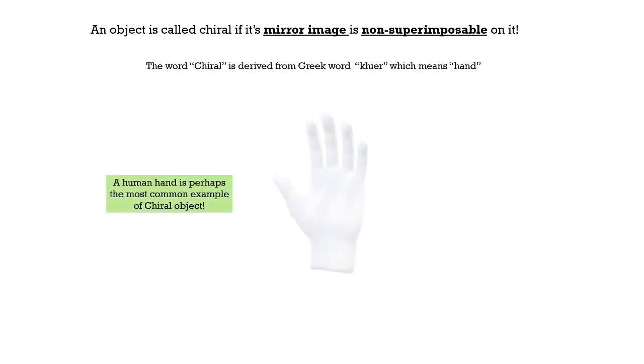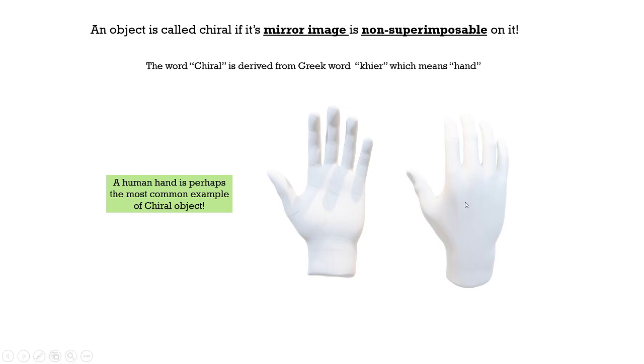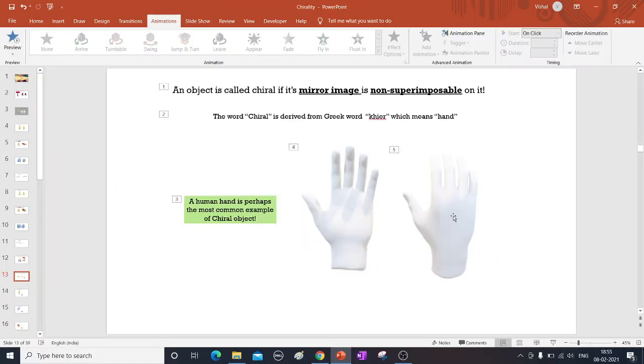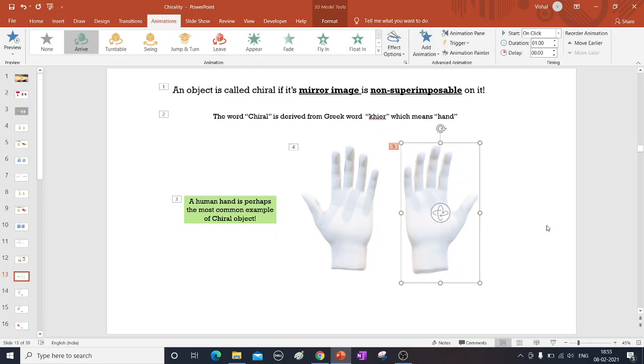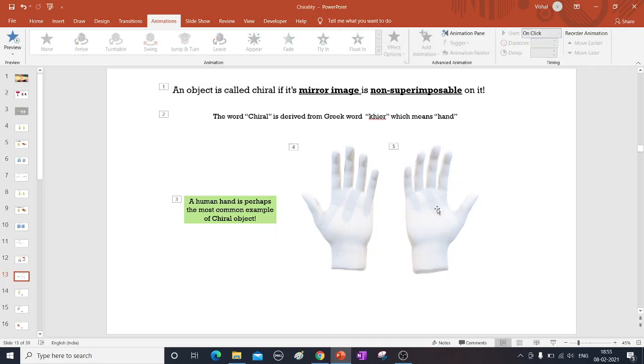Okay, so once again, an object is called chiral if its mirror image is non-superimposable on it. And as we have seen, these two hands, in this position, you can see that they are non-superimposable. I will try to superimpose one of the hands on the other, but right now in this orientation you can see that they are mirror images of each other.